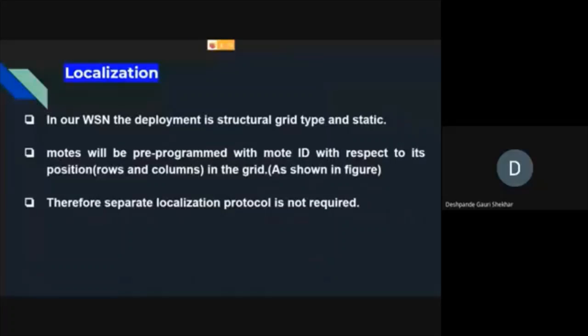The next node will be assigned ID 01, 02, and so on. This is explained in our deployment algorithm. So, due to pre-programming of the node ID, a separate localization protocol is not required.